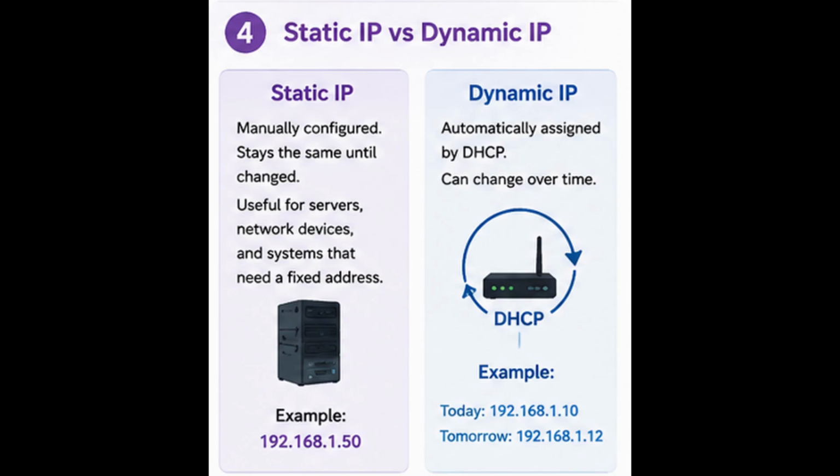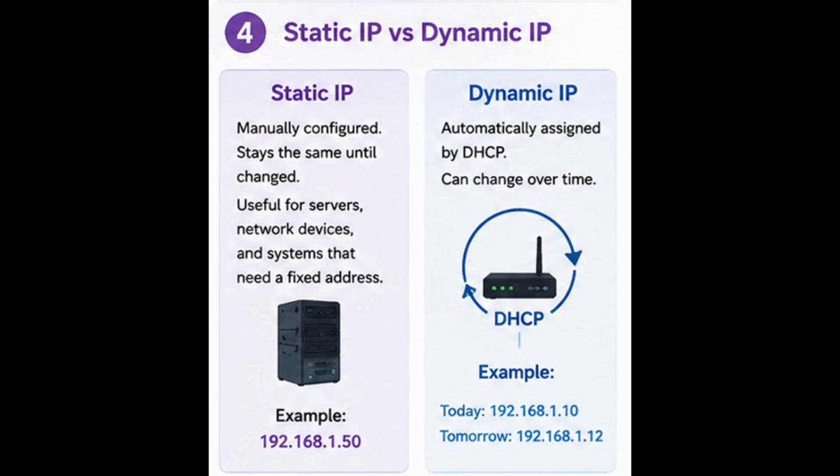A dynamic address is assigned automatically, usually using a DHCP server, which stands for Dynamic Host Configuration Protocol. It follows the DORA process. When you connect your laptop to your home Wi-Fi, your router can automatically give your laptop an IP address. Later, that address may change depending on the network configuration and lease.